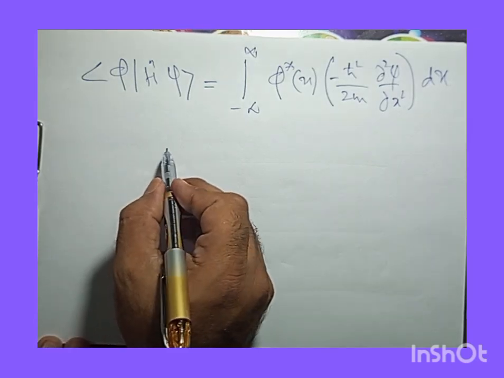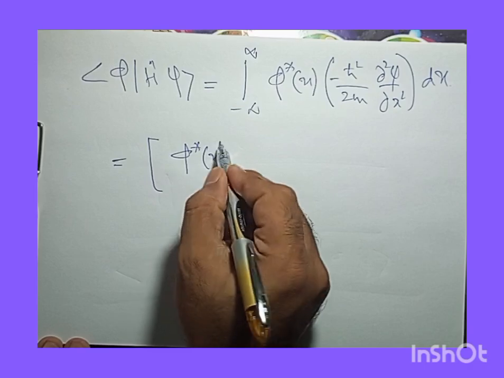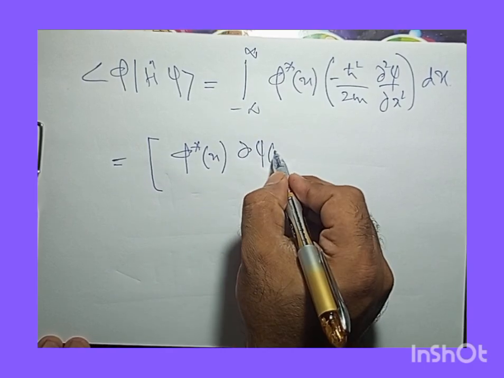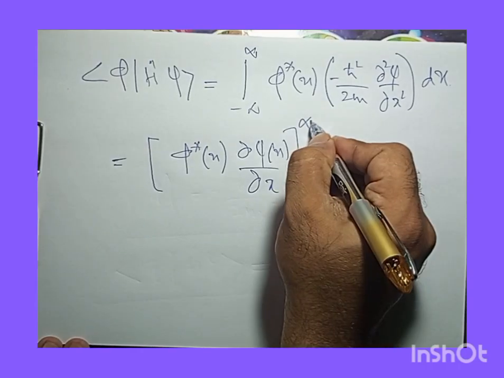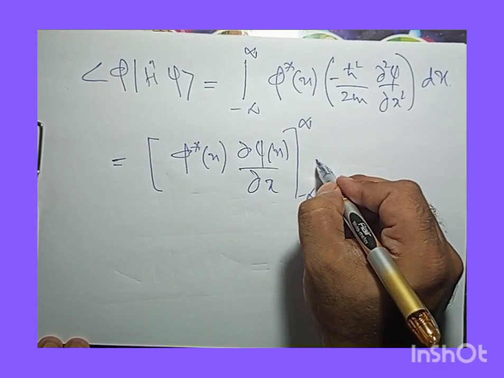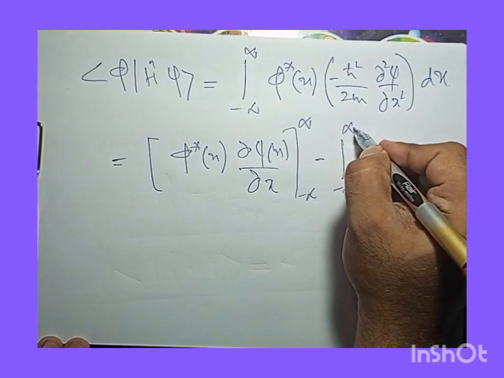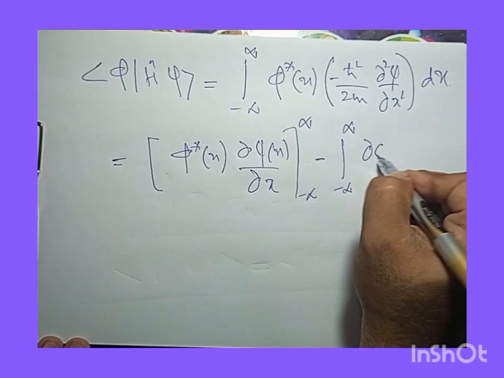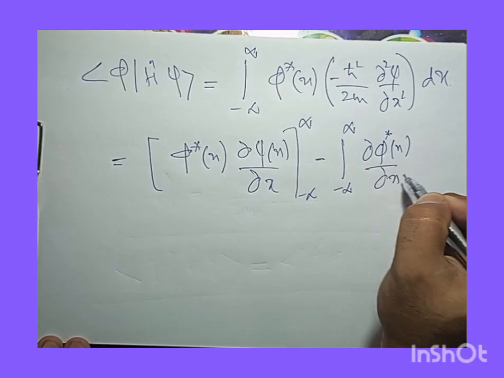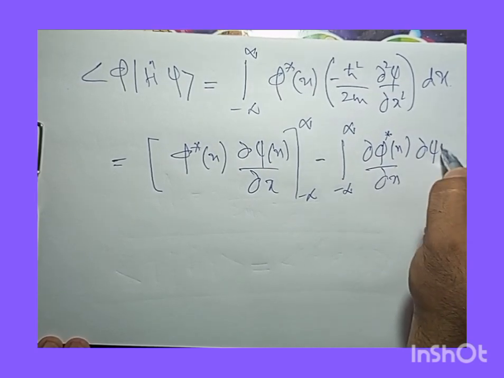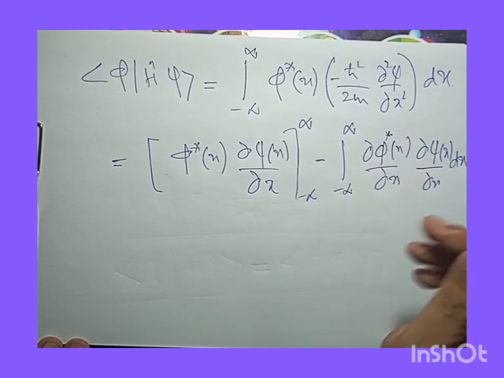On integrating by parts, we will obtain phi star of x and dou psi of x by dou x from minus infinity to infinity, and then we'll have minus the integral from minus infinity to infinity of dou phi star of x by dou x, dou psi of x by dou x dx.